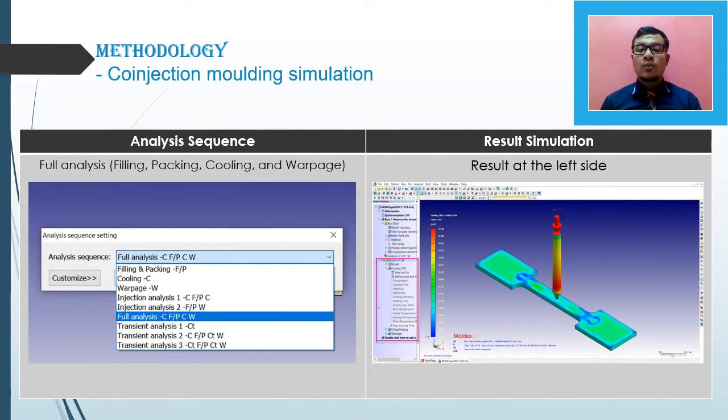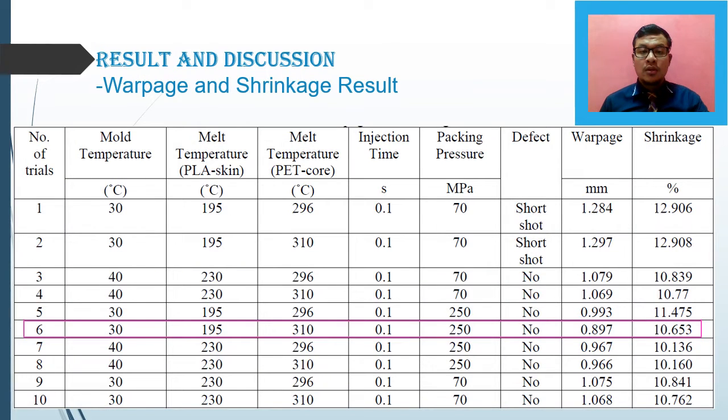For the co-injection molding simulation, the full analysis, which is filling, packing, cooling, and warpage, is used as the analysis sequence. The result of the simulation can be seen at the left side of the screen. In the warpage and shrinkage result, the sixth trial has the lowest warpage of 0.897 mm, although the shrinkage is not the lowest at 10.653%.